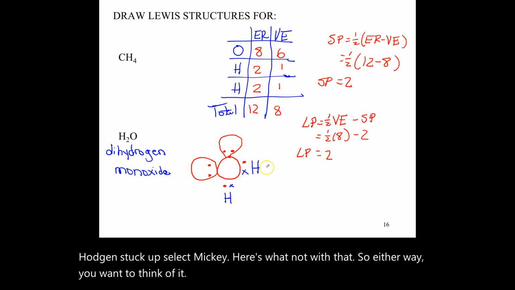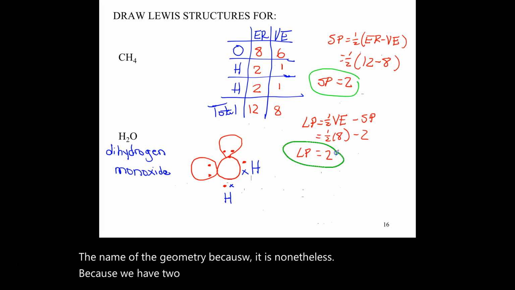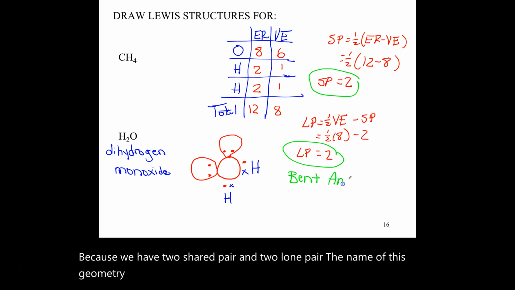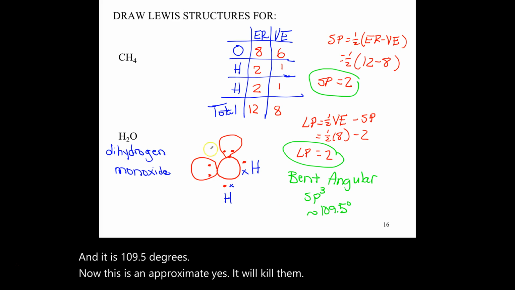The name of the geometry, because we have 2 shared pair and 2 lone pair, is bent, or angular. It also is sp3, and it is 109.5 degrees. Now this is an approximate. That's a little tilde. Why is it approximate?